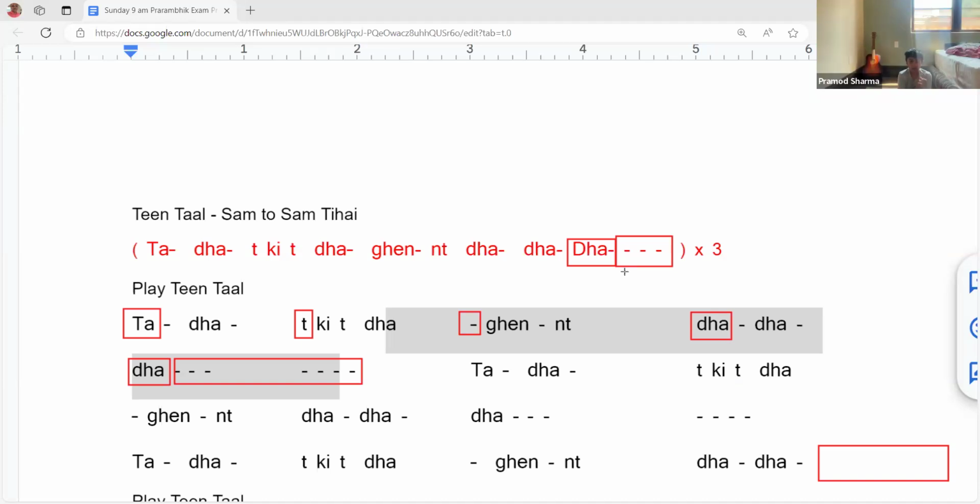Tha ki ta tha ge in ta tha 1 2 3 1 2 3 tha ki ta tha ge in ta tha 1 2 3 1 2 3 4 tha ki ta tha ge in ta tha. Perfect. Great. Vedant, perfect. You got it, my friend. Extremely good. Kedar, you ready?